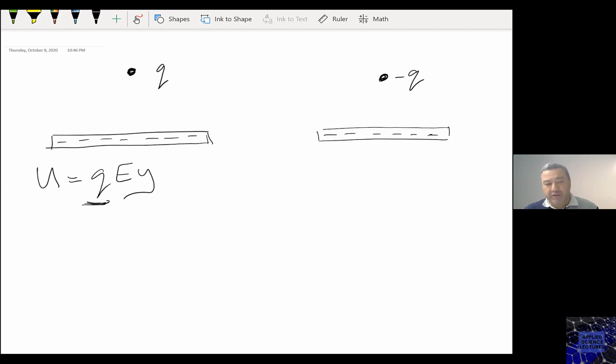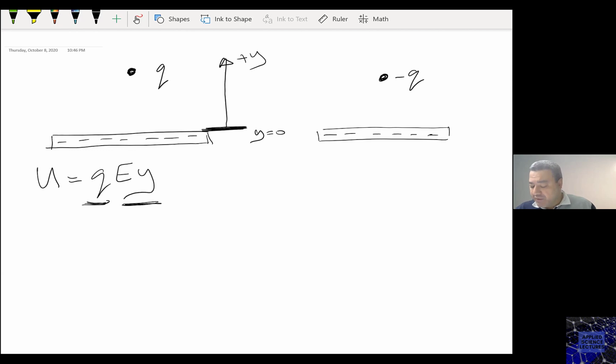E is the magnitude of the electric field, and Y is the distance between my reference and that charge. Now, for the first two cases, if I have a plate that is negatively charged, then in this case, I will take my reference as the plate. So this is going to be my Y equals 0. And then my positive Y is pointing in the same direction that the charge is there.